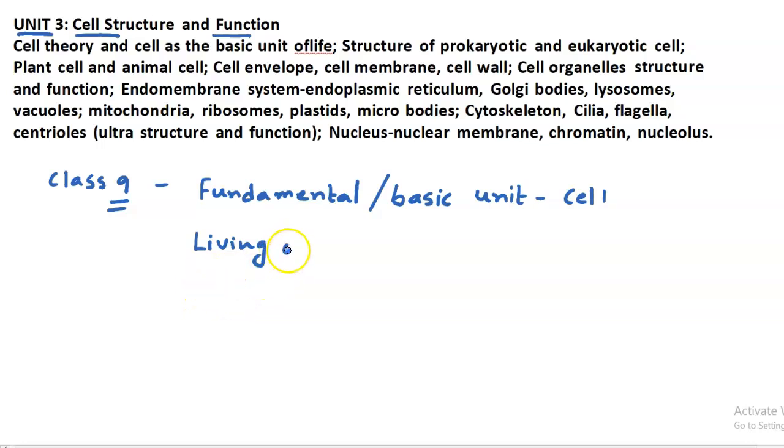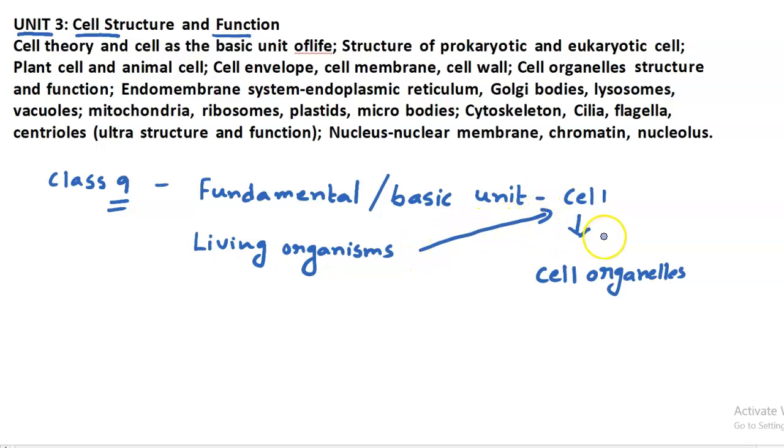When we say all living organisms are made up of cells, let us see what the cell is made up of. The cell is made up of cell organelles. So this indicates living organisms are made up of cells, and the cell is made up of cell organelles.